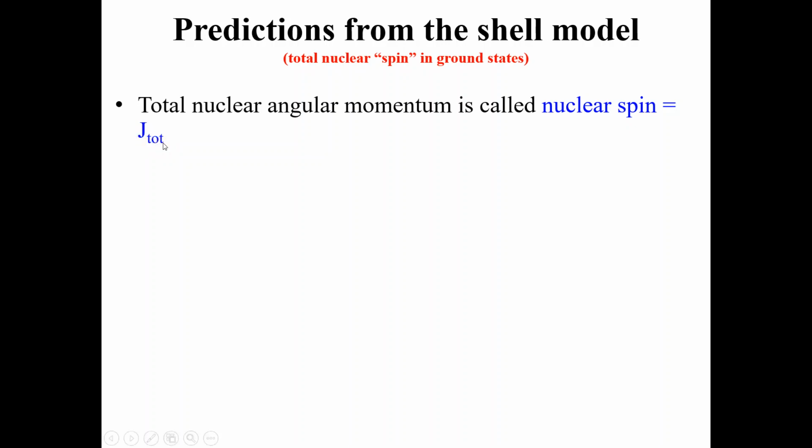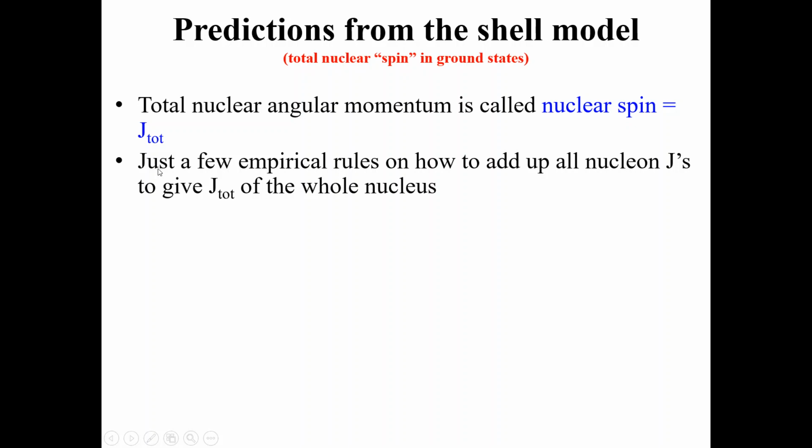So here are a few empirical rules on how to add up all the nucleons' J's to give J total of the whole nucleus.